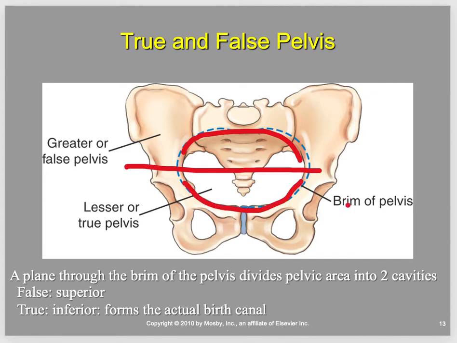And this here, as you see, is the brim of the pelvis. So the brim of the pelvis, and then you have your greater pelvis and your lesser pelvis. The greater pelvis is the false pelvis, the lesser or inferior is the true pelvis, which forms the actual birth canal.